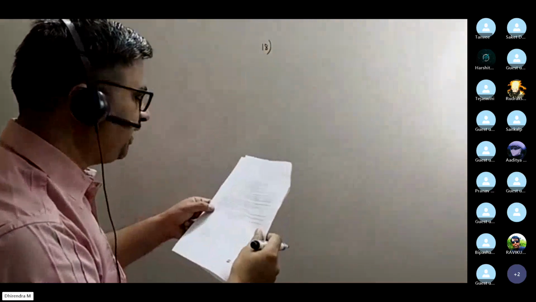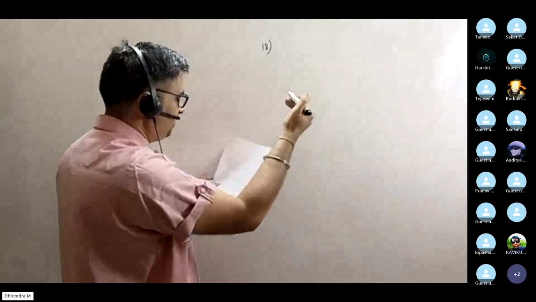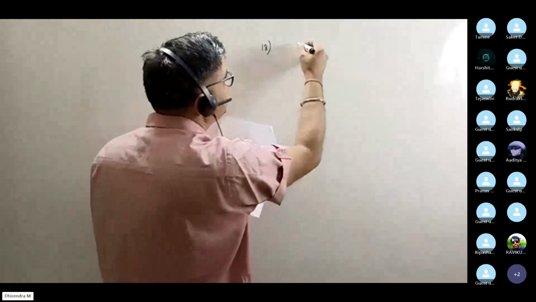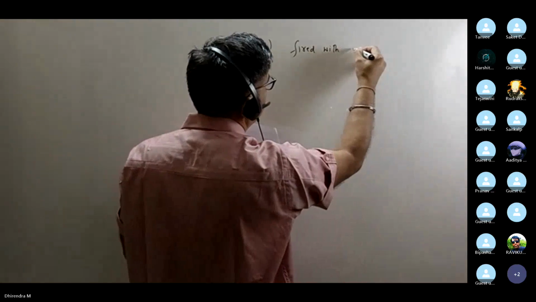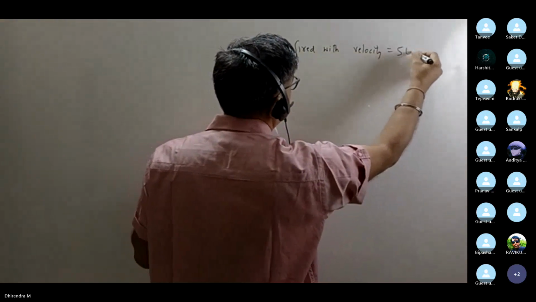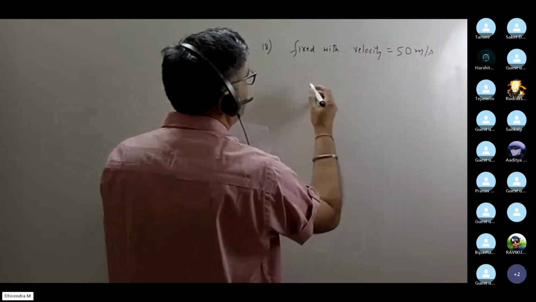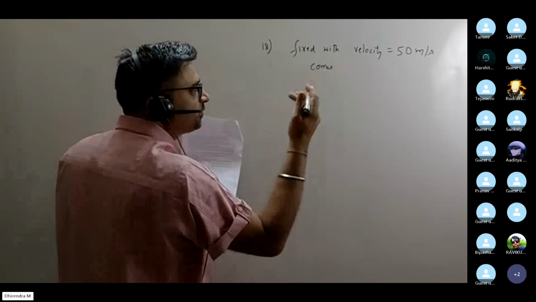Number 18, what does it say? It says that a bullet is fired into a wall with a velocity of 50 meters per second. If the bullet stops, so up until here, it is fired with a velocity u equal to 50 meters per second, and it comes to rest because it hits a wall.